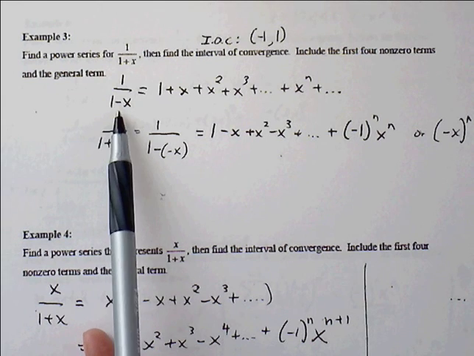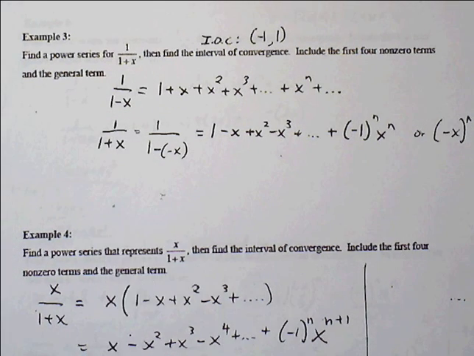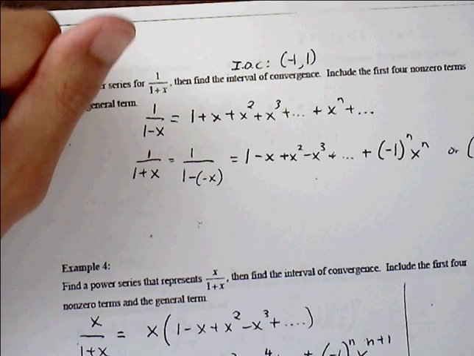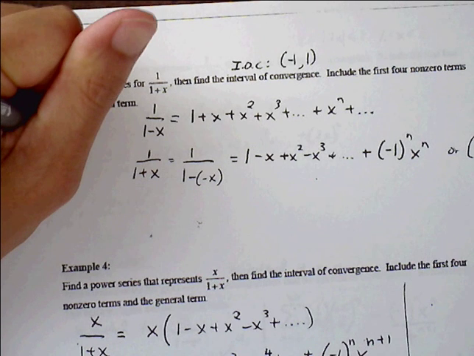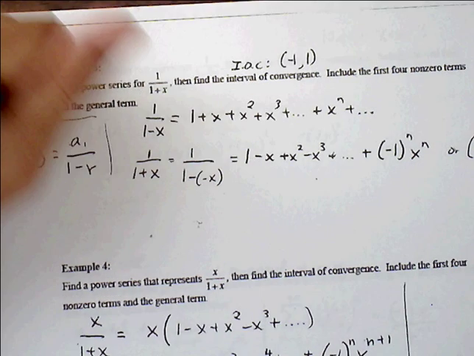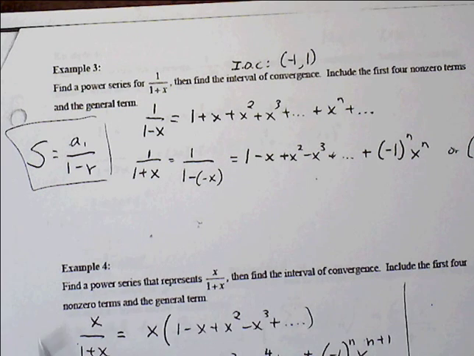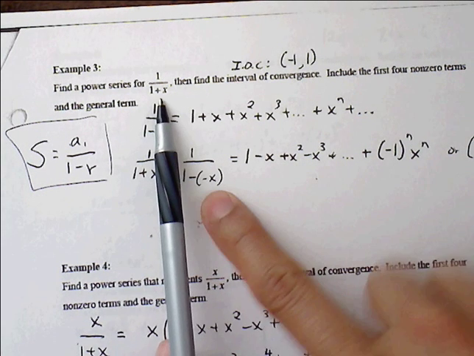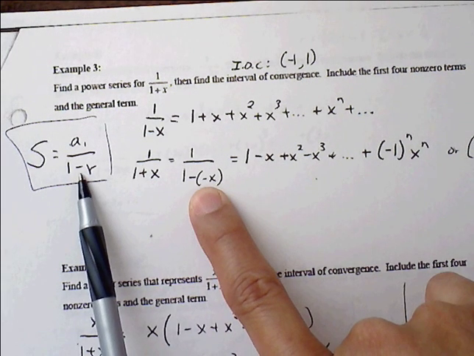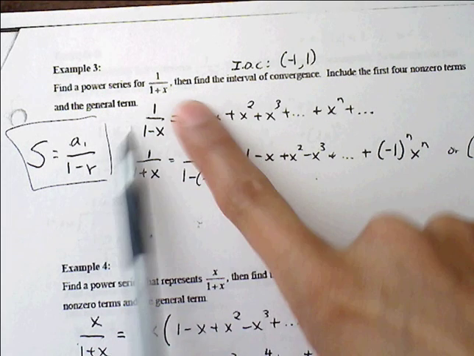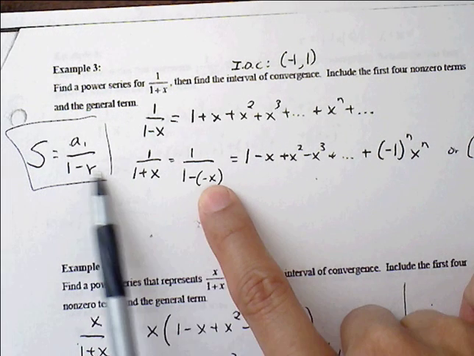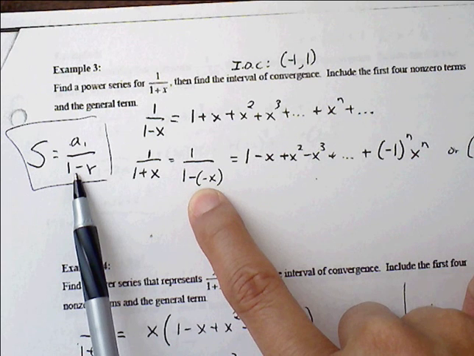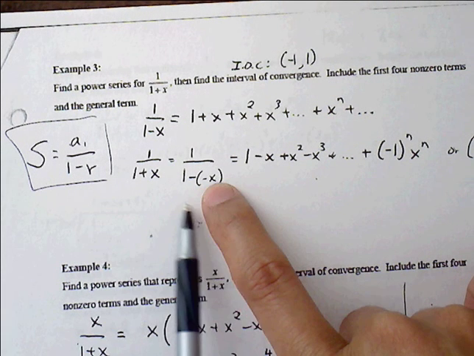Now we want to adjust this, because we're trying to make this look like our sum formula, a sub 1 over 1 minus r. The plus x is the issue here. We have to have a minus there. So what we can do is make this a minus a negative x to match our form. And once we do that, then we know the ratio must be negative x.